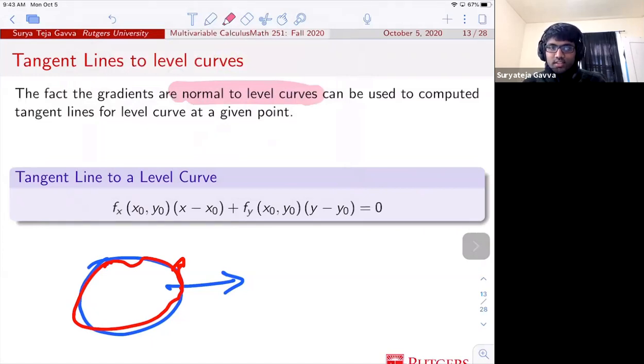So we can use this to compute the tangent line to the level curve. Can you tell me how to compute the tangent line to the level curve? I want to compute the equation of this line, the tangent line.